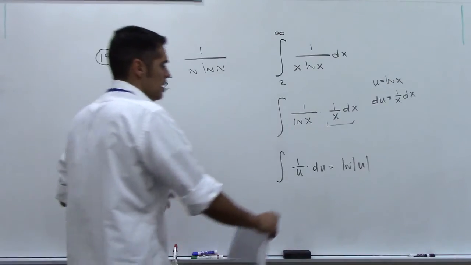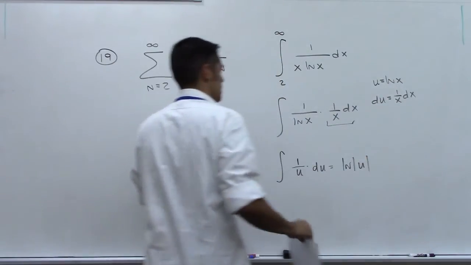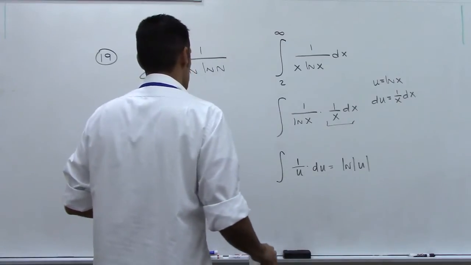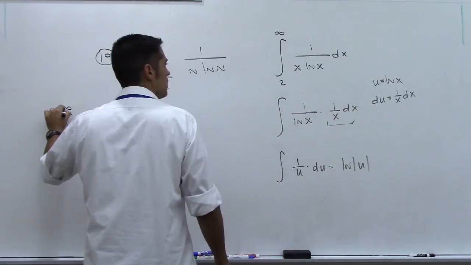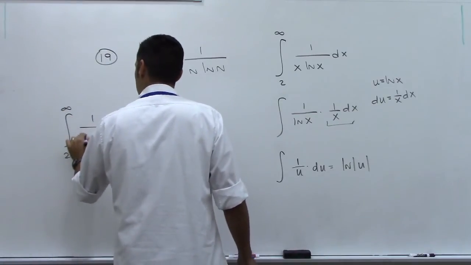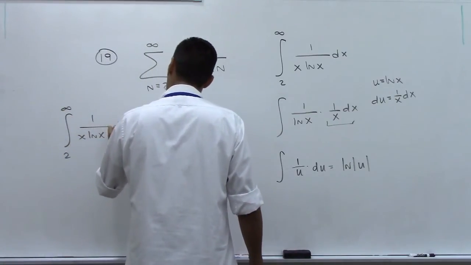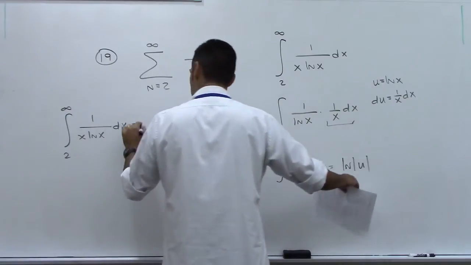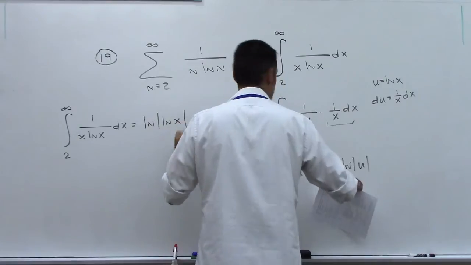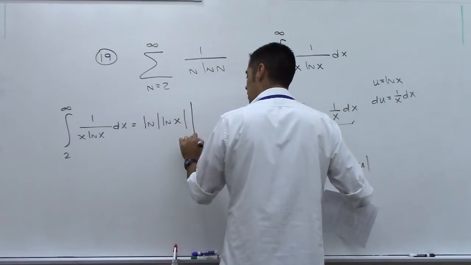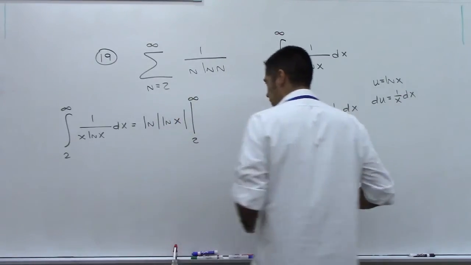But what was u? u was natural log of x. Interesting. So here's what we've got: the integral from 2 to infinity of 1 over x natural log x dx equals the natural log of natural log of x, evaluated from 2 to infinity.